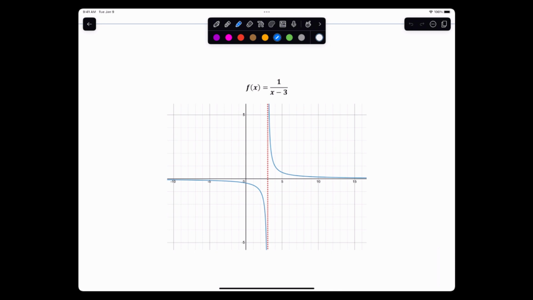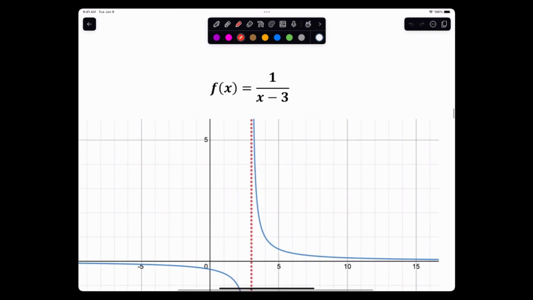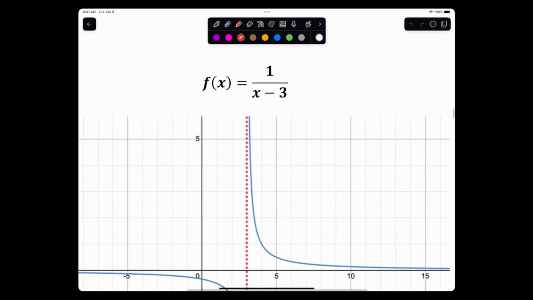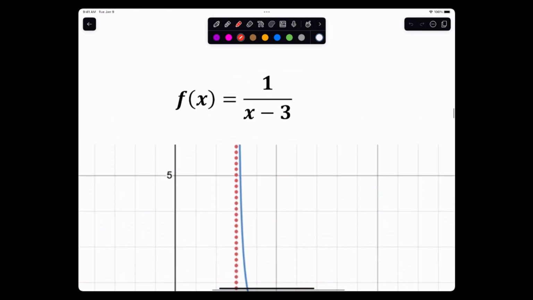Now, here's an example I want to talk about. When you're dealing with limits for this vertical asymptote, they're going to want you guys to understand where you have the vertical asymptote. In your notes, where do you have vertical asymptotes for rational functions?